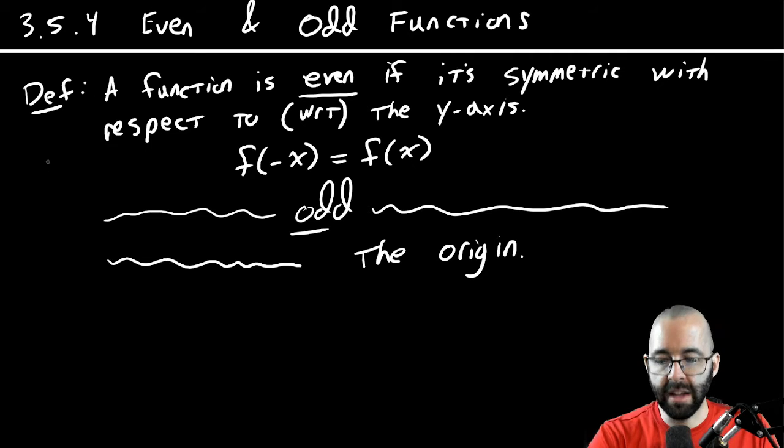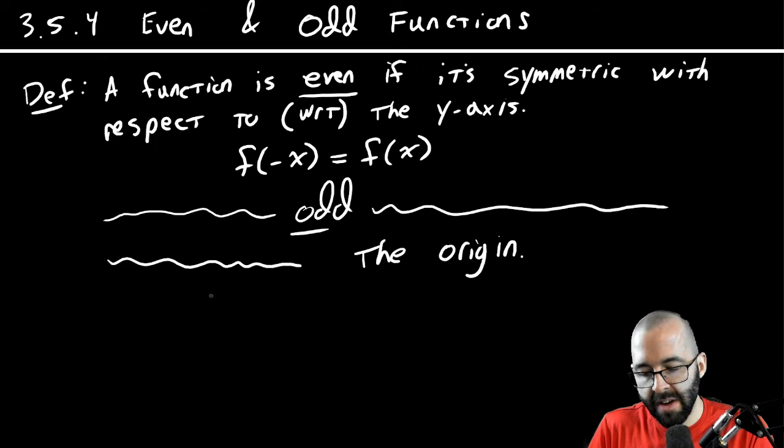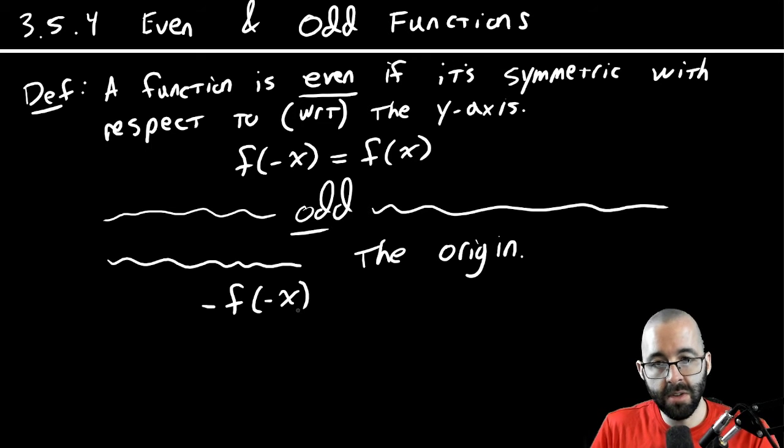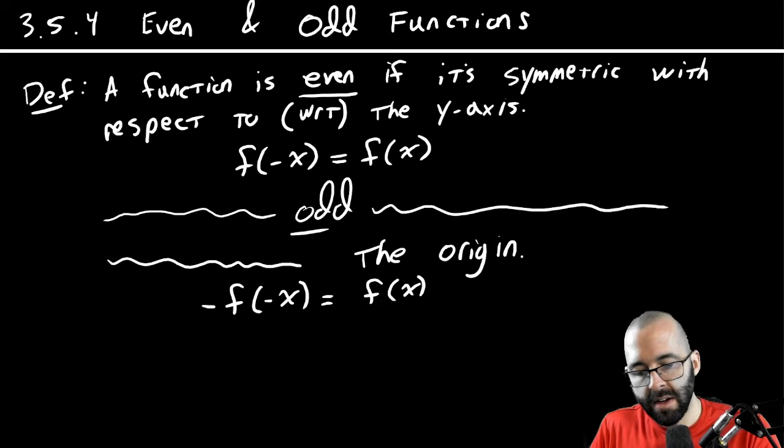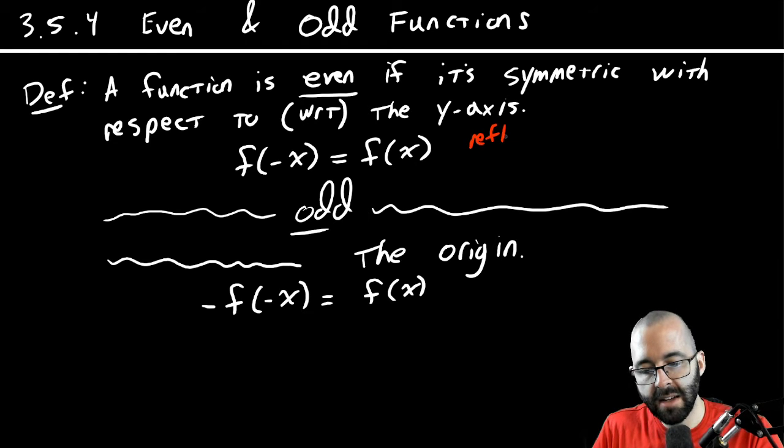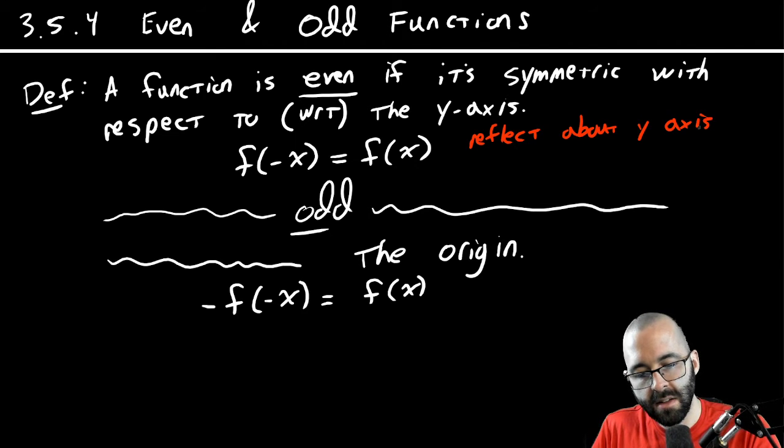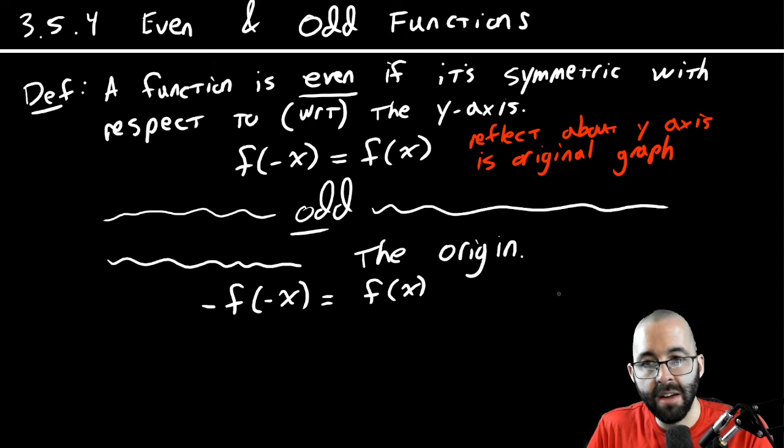So that's another way of thinking about odd functions: if I reflect the function in both ways, across the vertical and across the horizontal, the x and the y-axis, we get the original function back as well. So again, reflecting about the y-axis gives the original graph for even functions, and the same thing here, reflecting about both axes is the original graph.